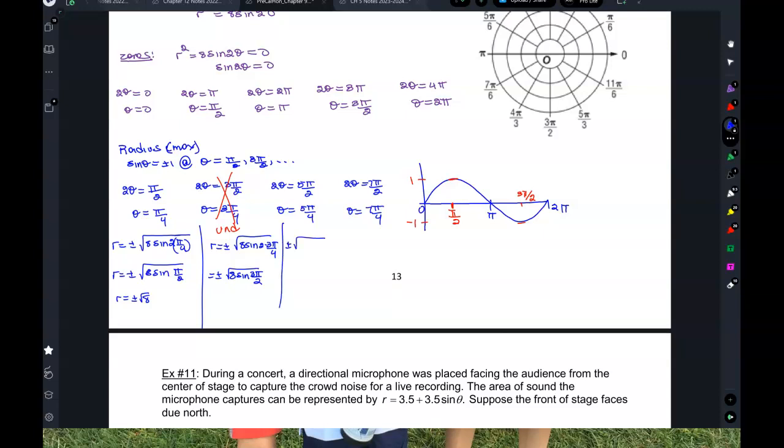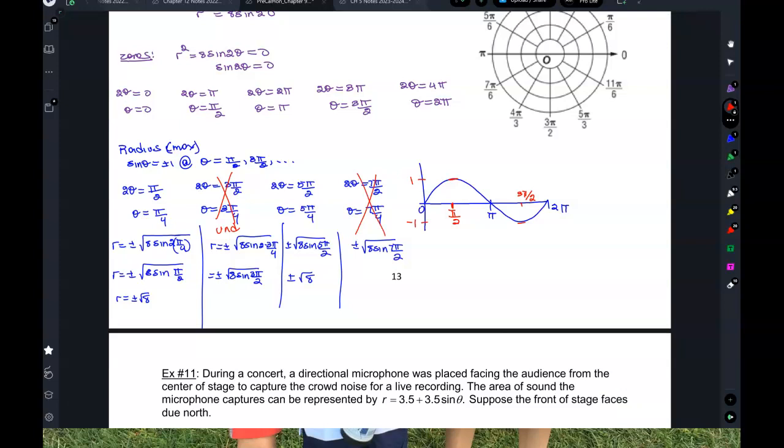Plus or minus the square root of 8 sine 5 pi over 2. Okay, at 5 pi over 2, sine is positive 1. So this would be plus or minus root 8. Here, plus or minus 8 sine 7 pi over 2. At 7 pi over 2, so it's pi over 2, 3 pi over 2, 5 pi over 2, 7 pi over 2, sine is negative 1 again. So that would be a negative number. So this is again undefined.